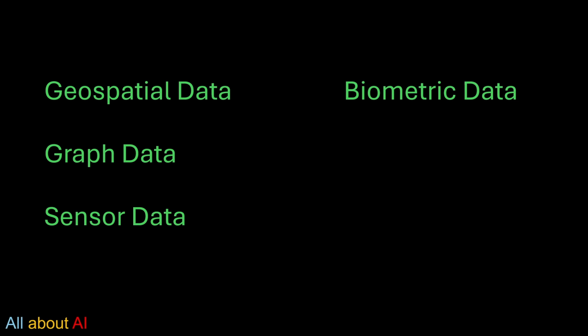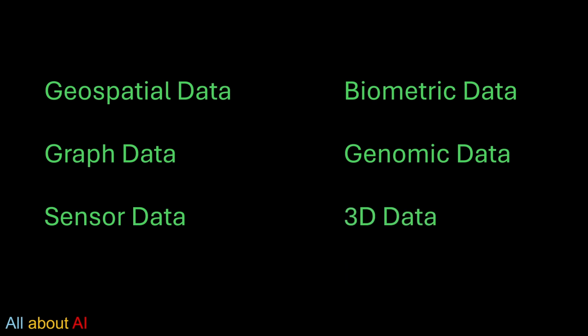All these are biometric data. We have genomic data. Then 3D data. As you can see, there are many different types of data, and the processing for all these is different, and some of them require sophisticated processing to convert them to the data that the algorithm would like to have.